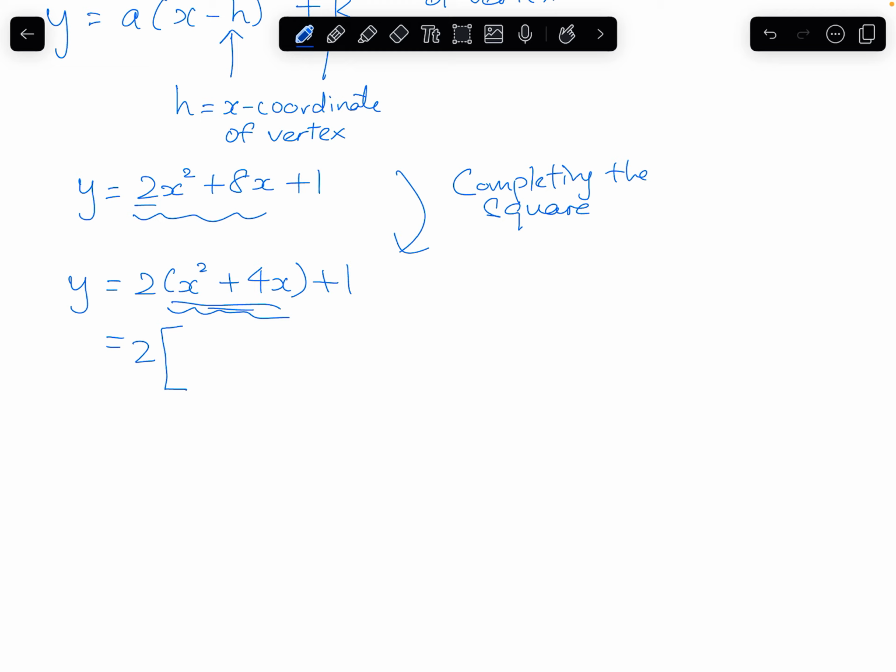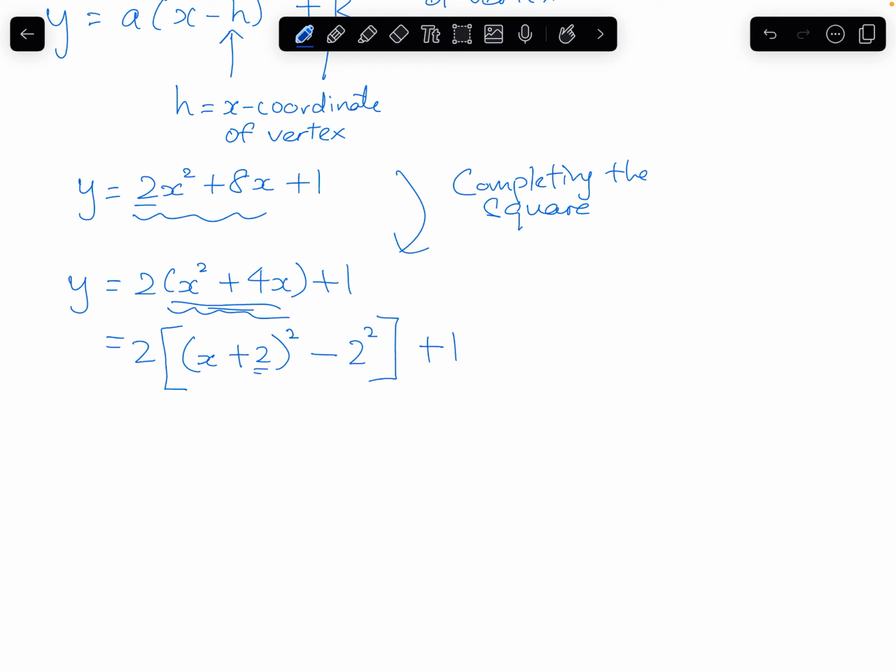Then I'm going to complete the square of x squared plus 4x, so I'll put an x here, plus, and I'll take half the coefficient of x, which is half of 4, so I'm going to take this to be a 2. I'm going to square it, and I'm going to subtract the number I just got by halving the coefficient of x, which is 4, squared. Okay, and I'll close the bracket and put a plus 1 right here.